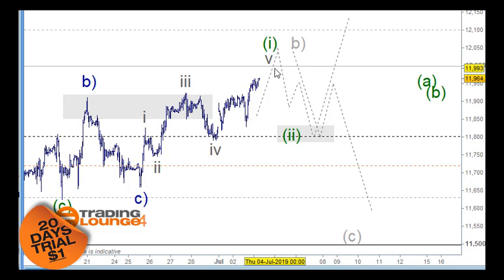I know the money's in the turn, but you need evidence. Once this finishes up here and the other markets start to turn down as well, the first thing you want to look for is the first 5 little waves here. Once you've got the first set of 5 waves from the top, then you know you're going to get an ABC correction, back up 40 to 60%.